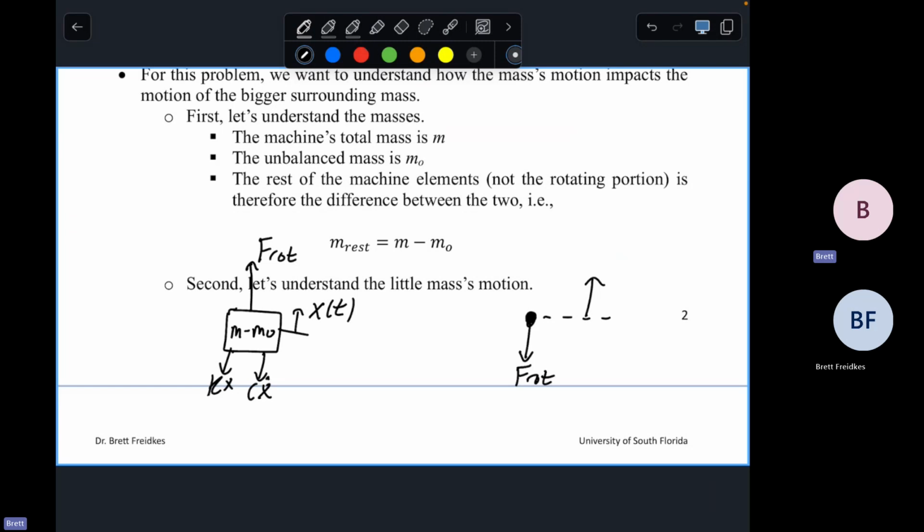I know I'm not doing this really great. It's not going to be a perfect circle. But this is based on both the up and down movement of the mass and its own rotation. So this is based on x of t plus x rotation of t. Does that make sense? Both those things are happening simultaneously. So we do F equals ma on the left one and F equals ma on the right one.